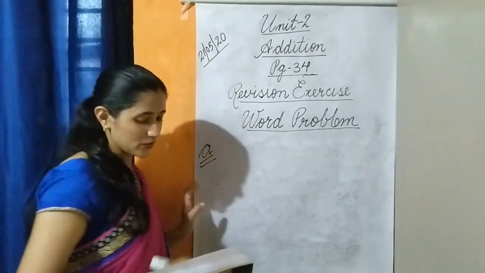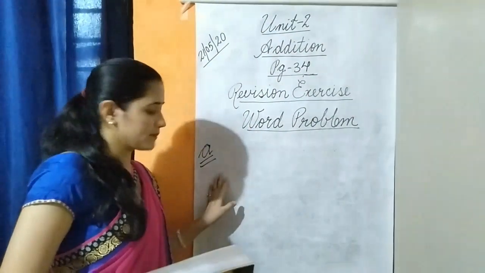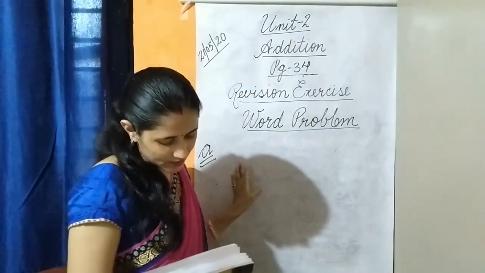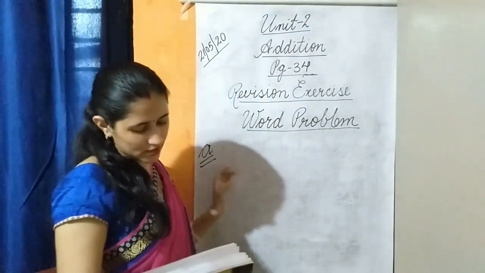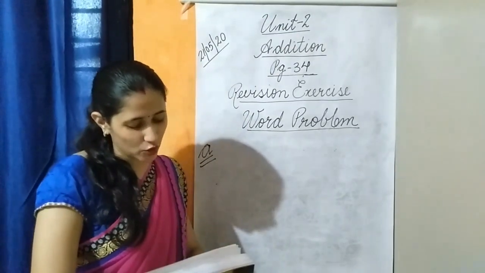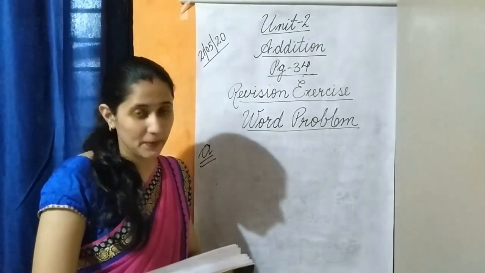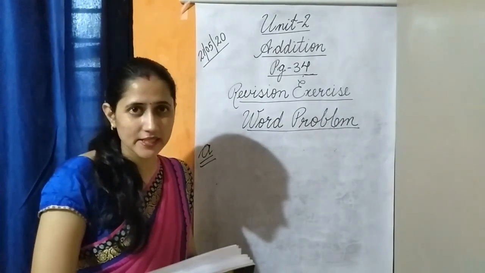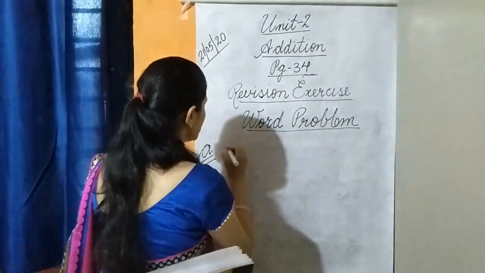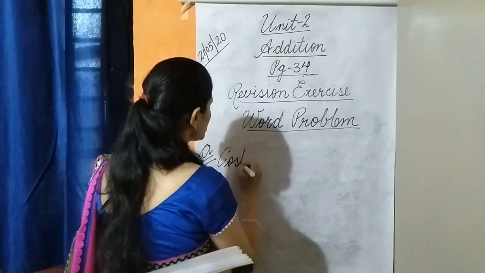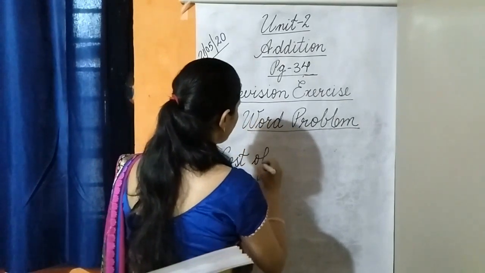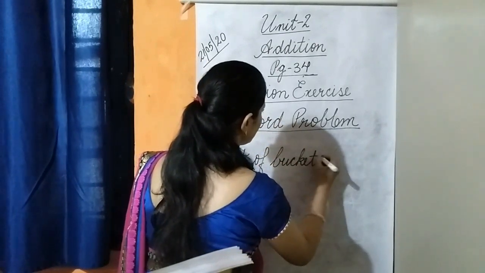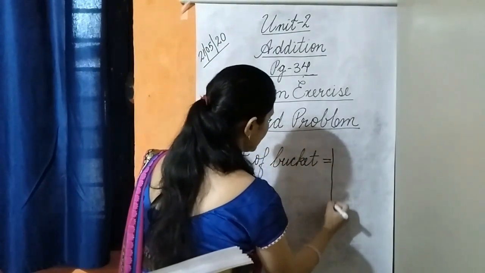So firstly we will write the statements. Tom wants to buy a bucket costing 38 rupees. The cost of bucket is given. So firstly we will write cost of bucket and draw a line.